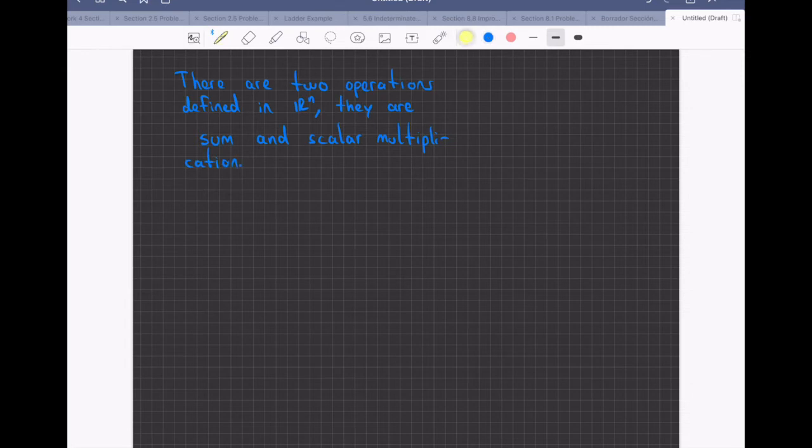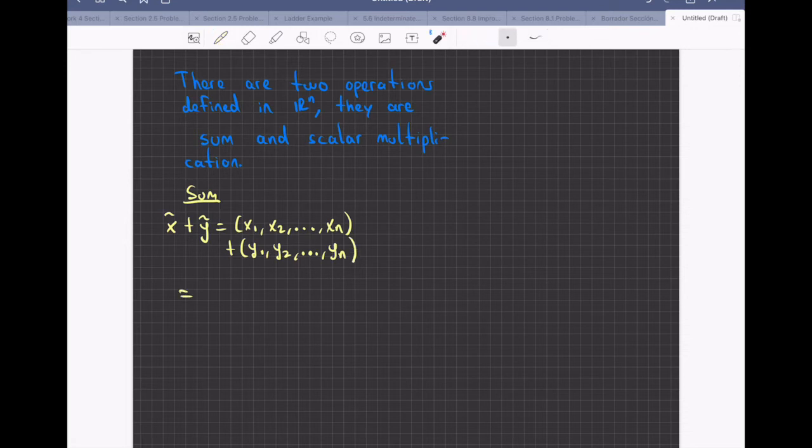The sum is defined like this. If we have x plus y, where x is x1, x2, and so on, up to xn, plus y, and y is y1, y2, and so on, up to yn. The sum is only adding element by element.